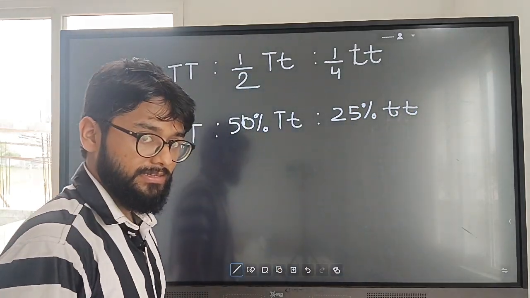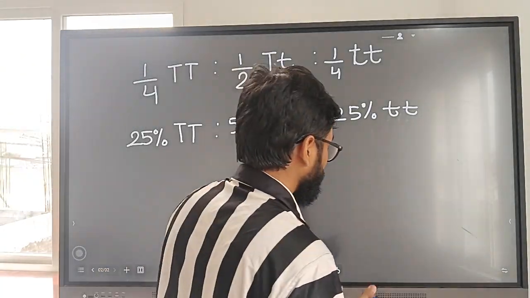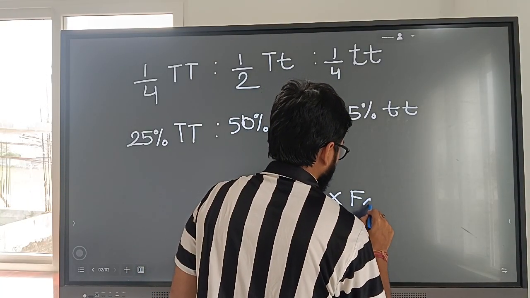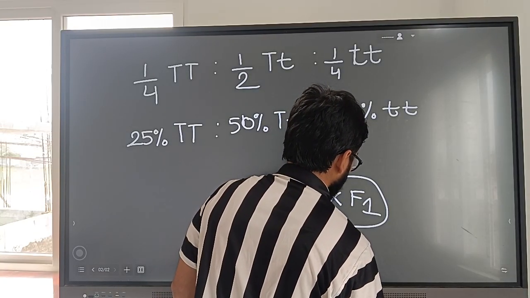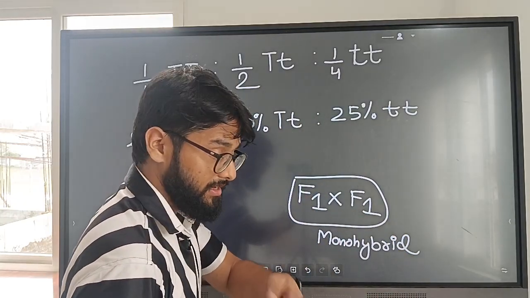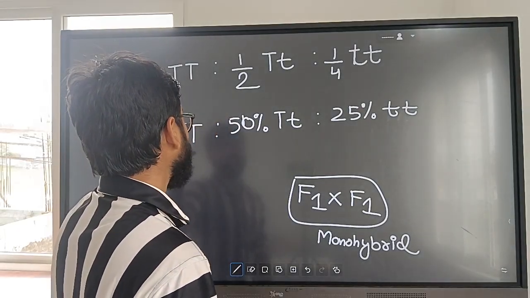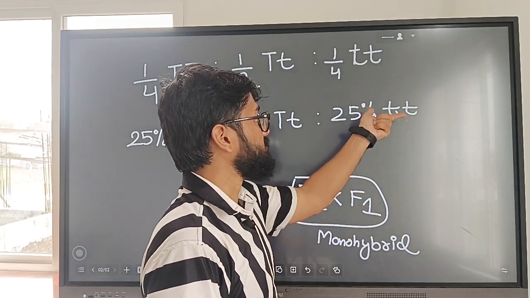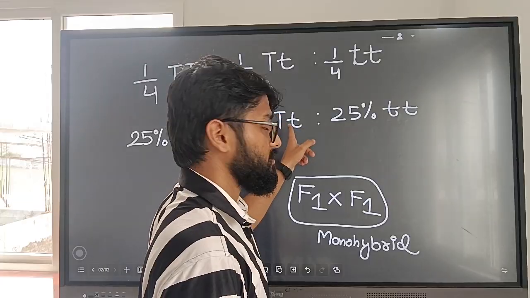The reason I have written percentages is that whenever you cross F1 with another F1 in a monohybrid cross, 25% of the time you will get capital T, 25% of the time you will get small t, and 50% of the time you will get capital T, small t.